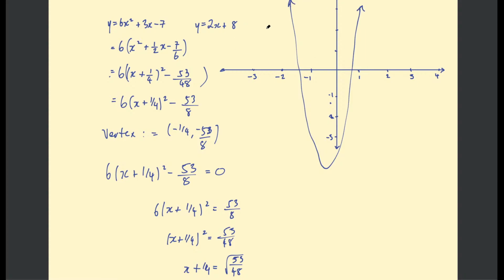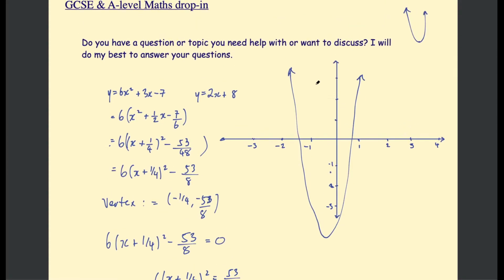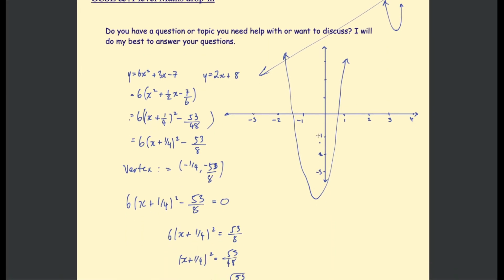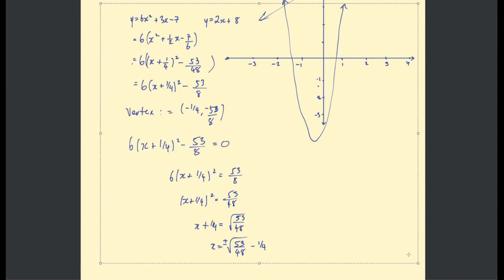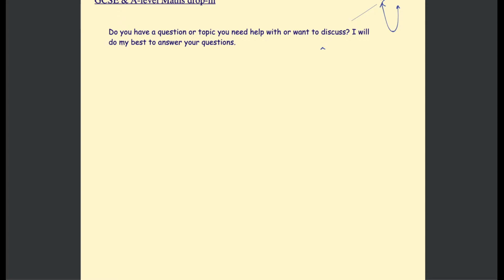And then you have the line 2x plus 8, which would be, I don't know, up here somewhere. Yeah, I have a feeling this is made up, or else there's meant to be a graph with this question, but I would say this is not a GCSE question that you would get given.